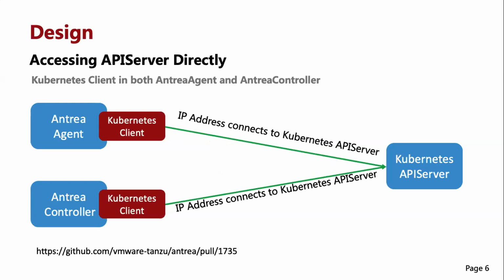So could this apply to Antrea controller too? Because Antrea controller can rely on Antrea agents to provide this service access, so that it doesn't have to connect to the API server using the IP address. Okay, I got what you mean.